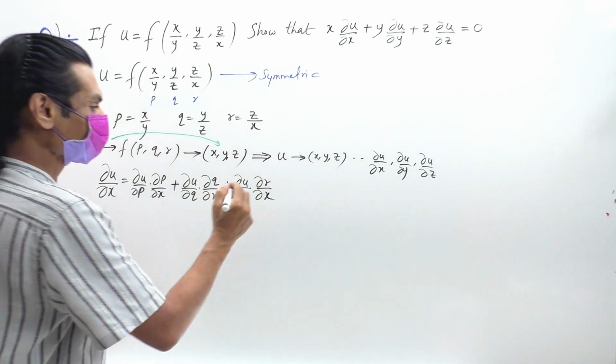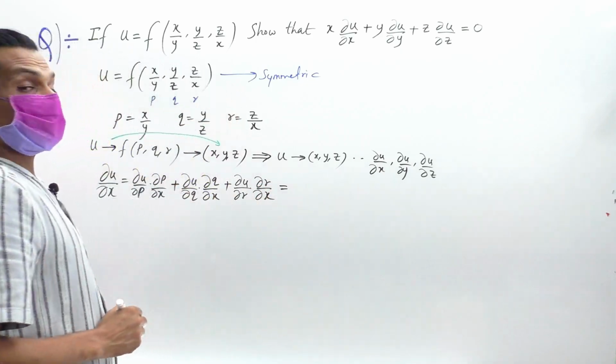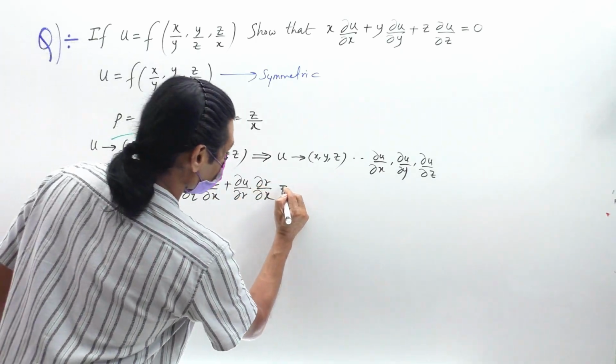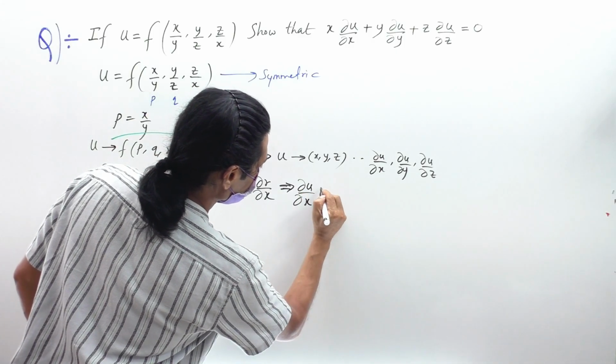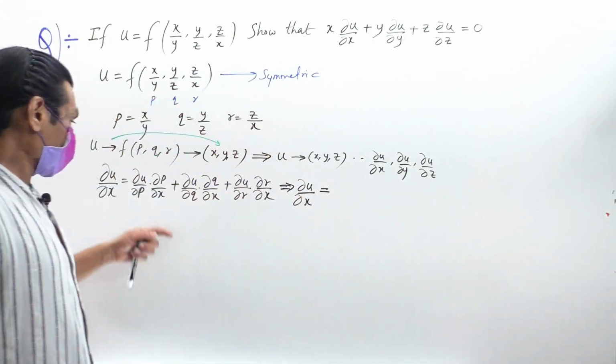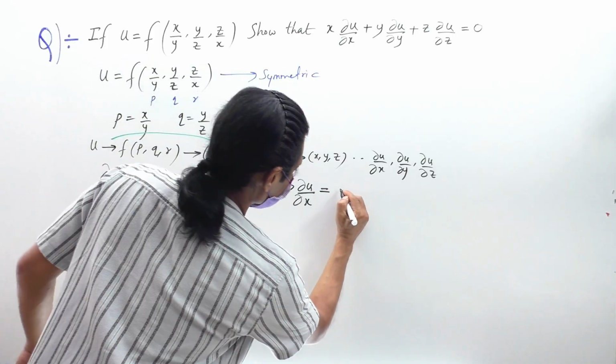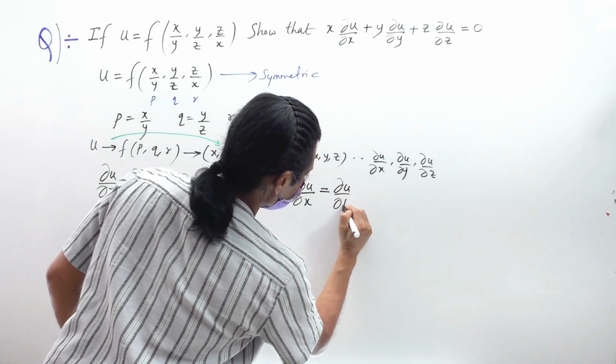That's it. So this implies dou u by dou x is equal to dou u by dou p, I don't know, keep it as it is.